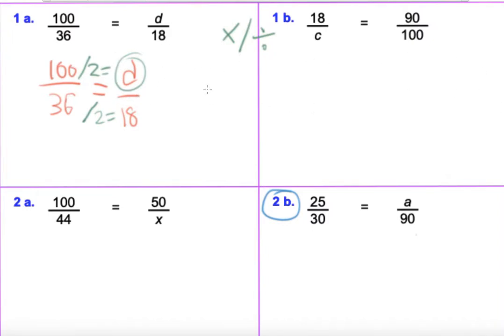So, d is equal to 50, and we can check that by 50 times 2 is 100. Great. So d is 50, and let's go into another one now.